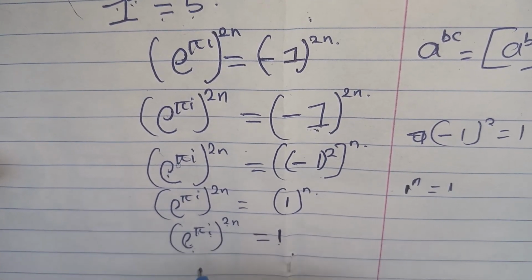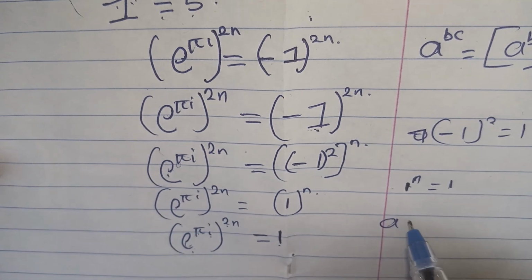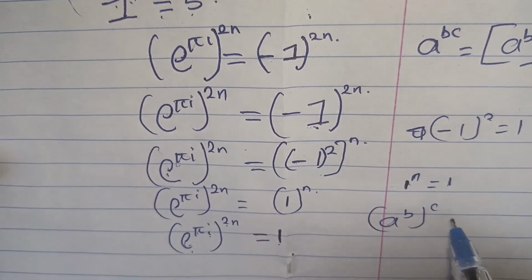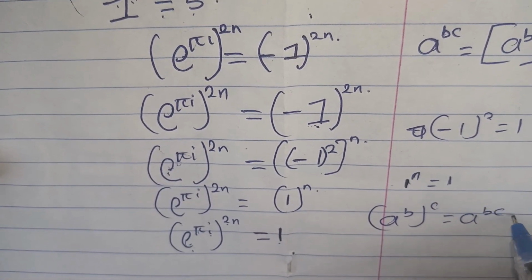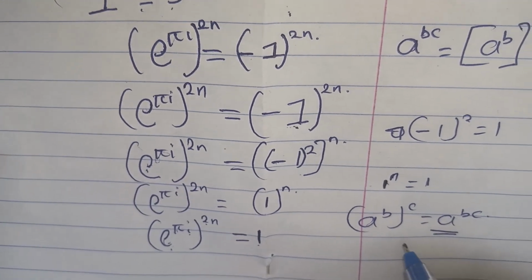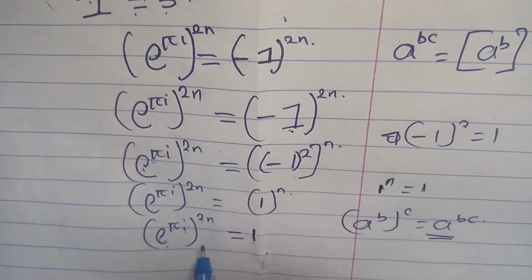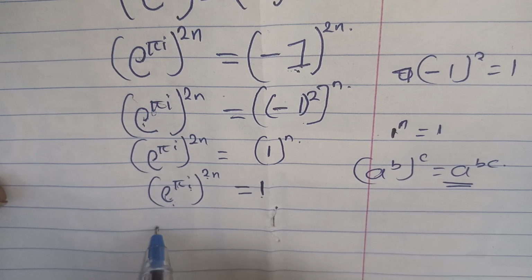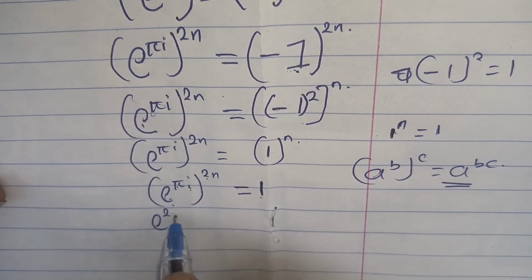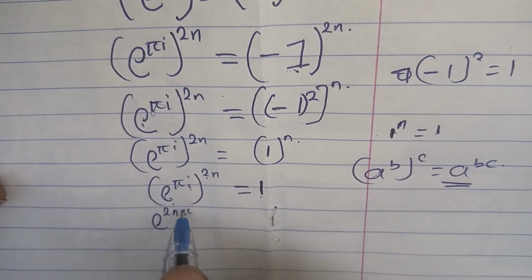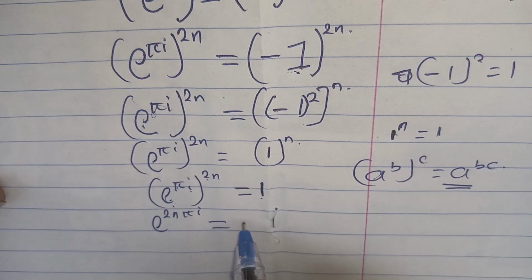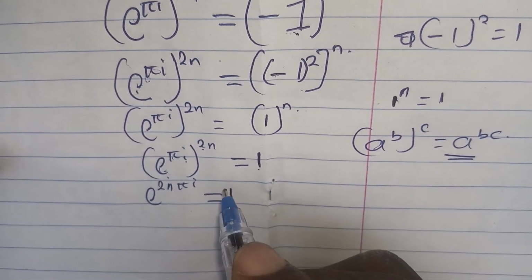At this point we are going to apply the rule which says (a to the power of b) to the power of c is also equal to a to the power of bc. So if we put this rule here, we have e to the power of 2n pi i is equal to 1.